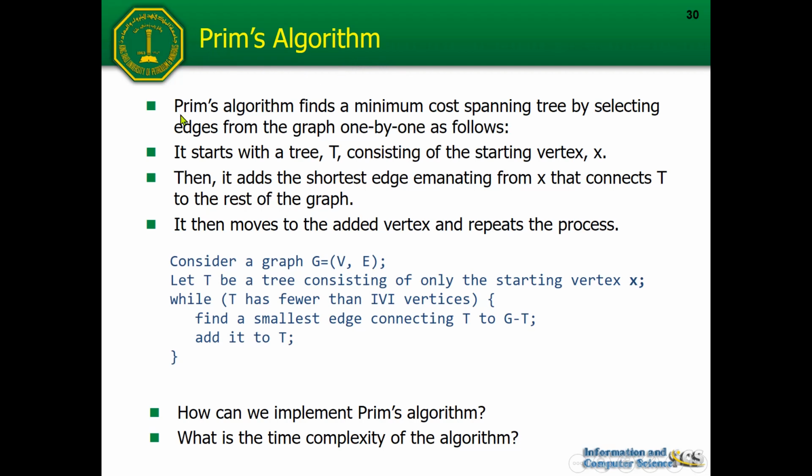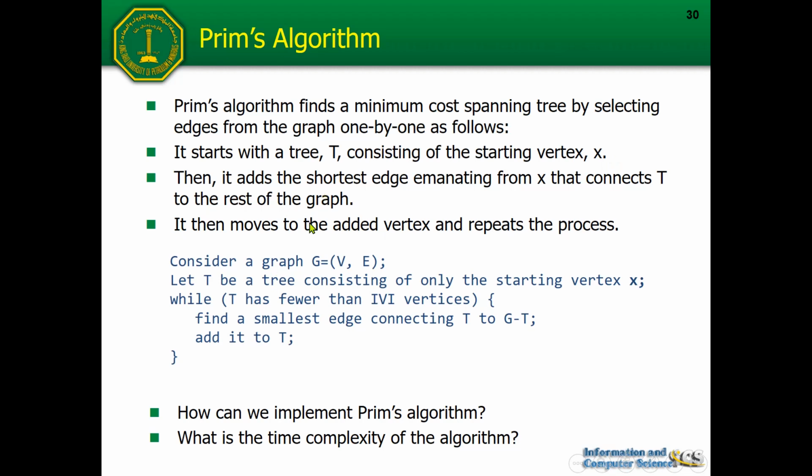Prim's algorithm finds a minimum cost spanning tree by selecting edges from the graph one by one as follows. The first step, it will define T to be the set of vertices, which is actually a tree itself, consisting of the starting vertex X. So the initial condition of this tree will be containing one vertex.